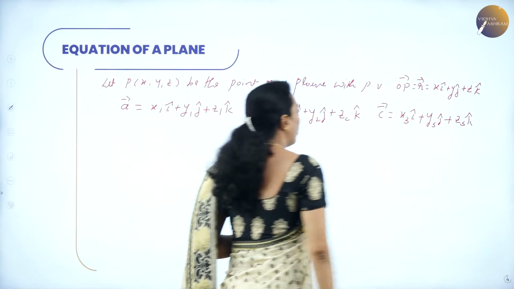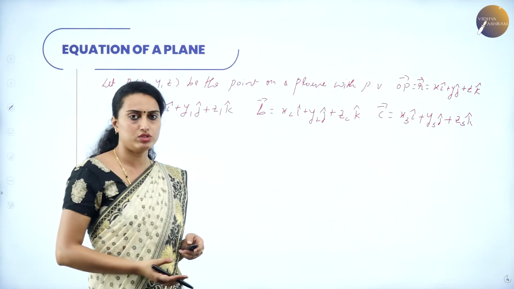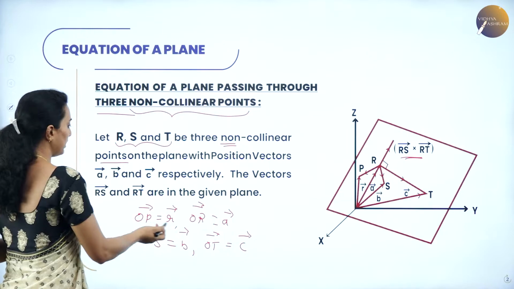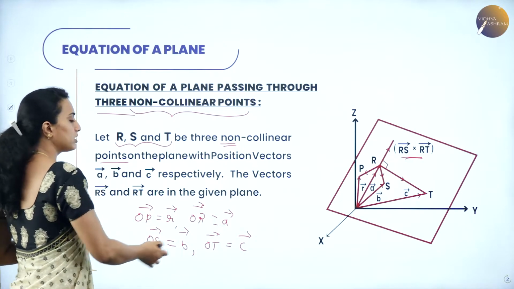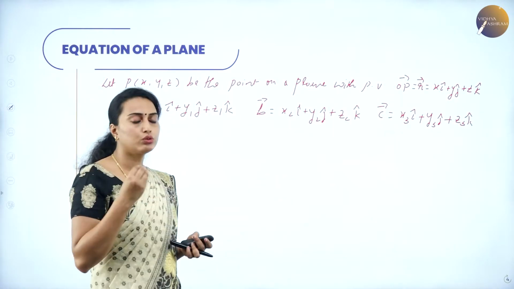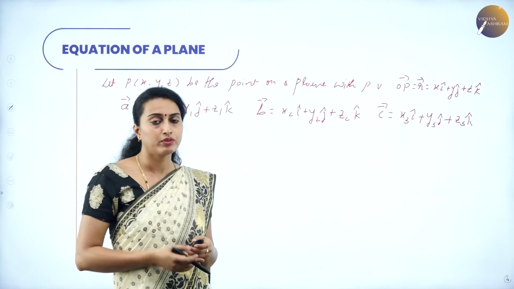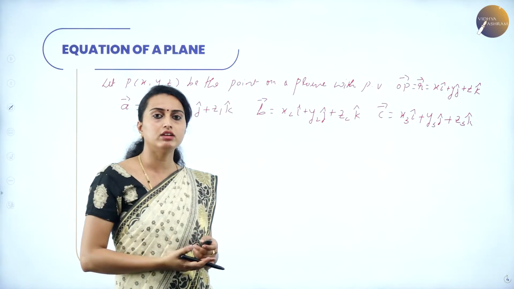Why? Because OR vector, OS vector and OT vector take place like this: A vector, B vector and then C vector. So I have written the equations of those vectors. Now, let me take the vector form.